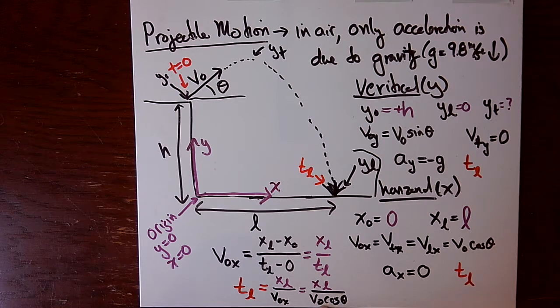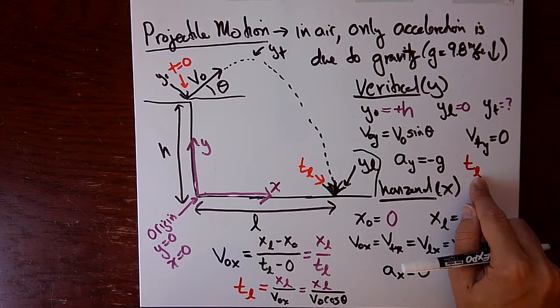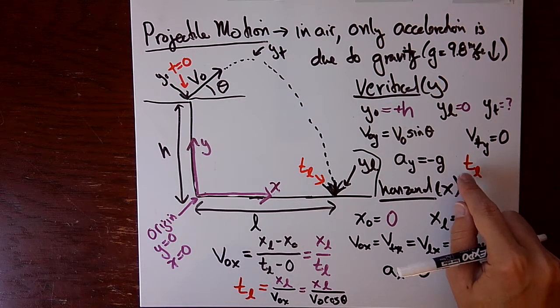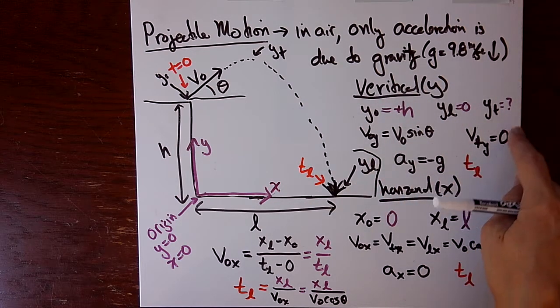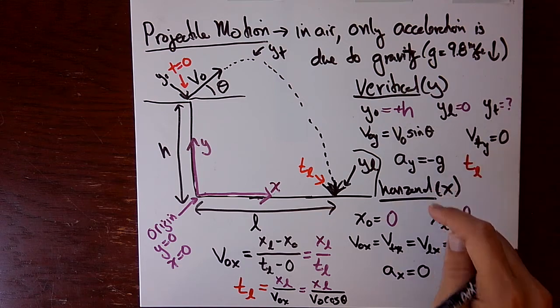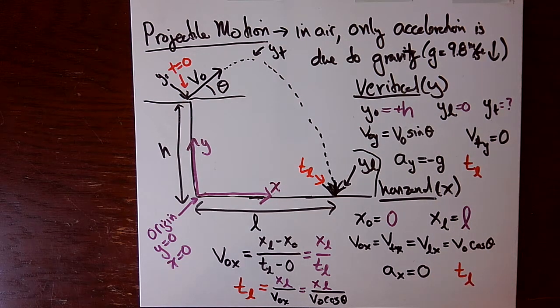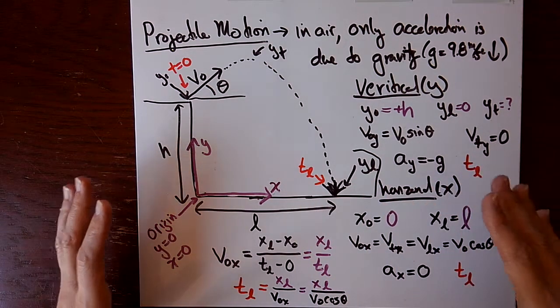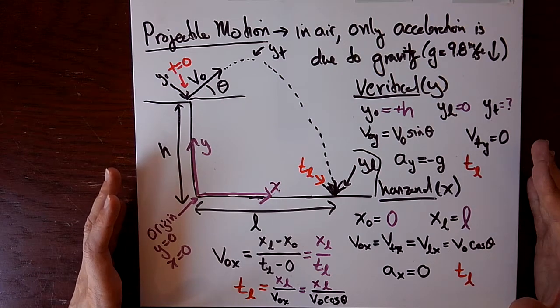If this is how long it takes us to get to the landing spot in x, it's also going to be how long it takes us to get to the landing spot in y. So then I can add t to my list of known things on what's going on vertically and solve for any of the other things I need. That tends to be the main trick with projectile motion.